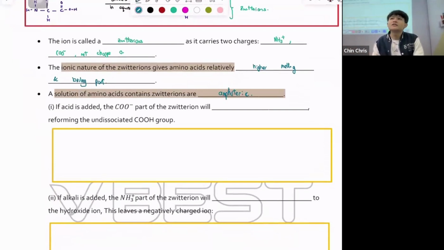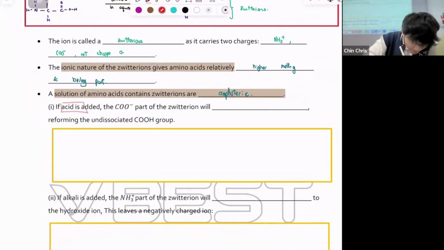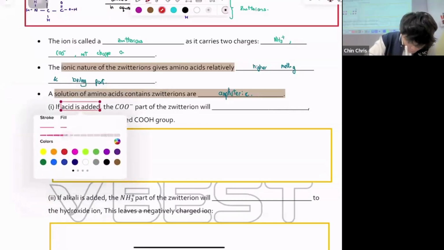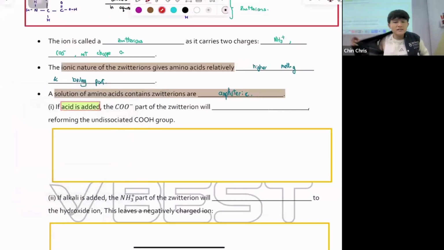Buffer, correct. So it's a buffer. It can react with both acid and base. If acid is added, then the COO minus part of the zwitterion will receive an H plus to form COOH.